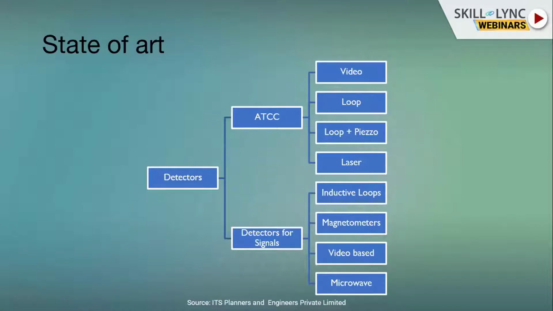And if you come to detection technologies, I don't want the traffic count, but I want the vehicle to be detected so that my signals can be changed. I can use different types of detectors here, like inductive loops, magnetometers, and video based. All of these serve the same purpose, but use different principles, so you have different levels of accuracy.